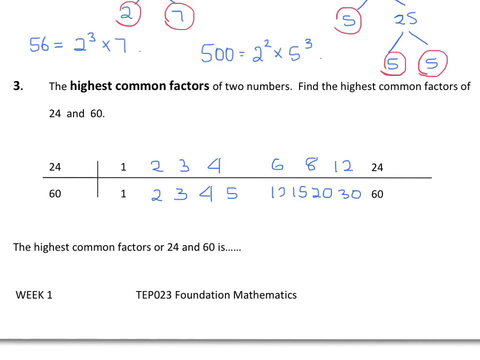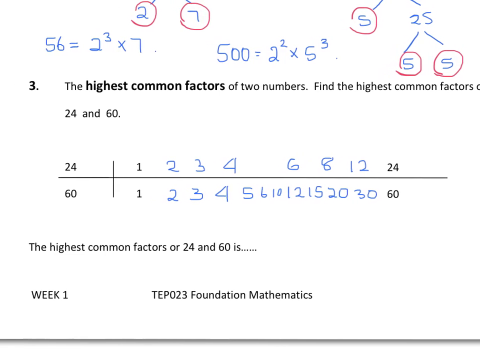Yes, it does. 5 times 12 is equal to 60. You can barely fit these last two in. 6 times 10 is equal to 60. Now this process is quite important for when we get to fractions, doing operations with fractions.